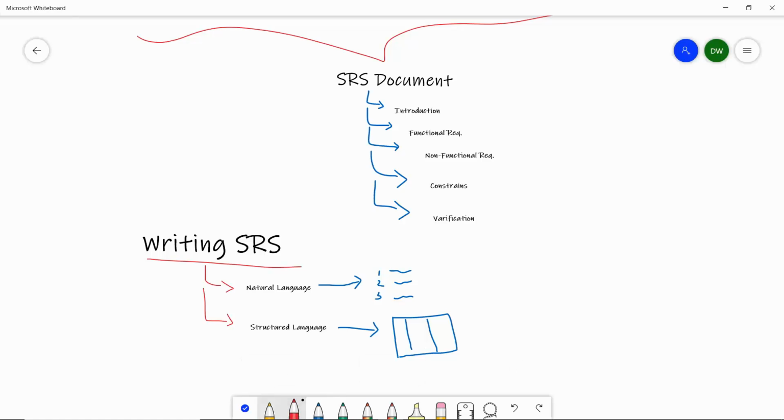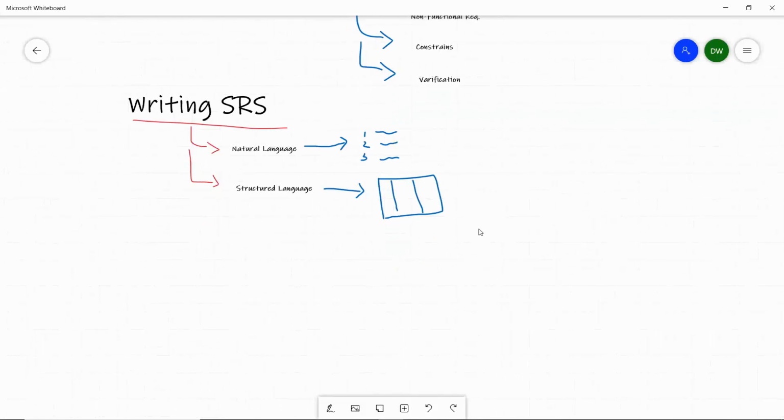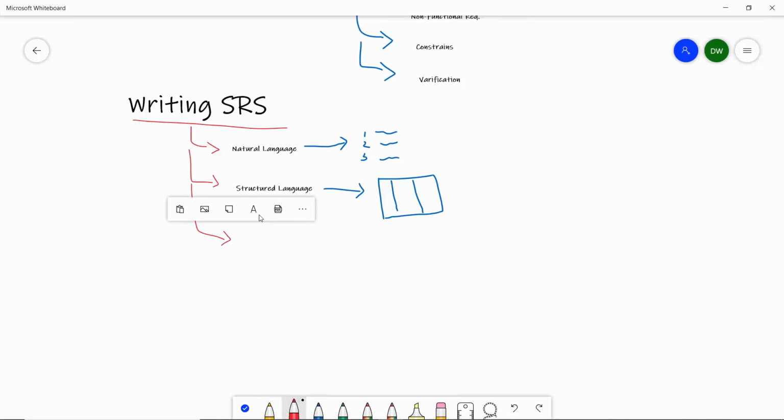And the third one we are going to discuss is design description language. As this name implies, this design description language uses a language like a programming language, right?